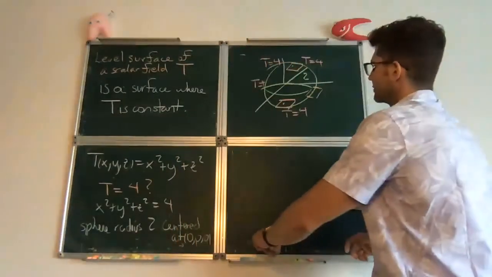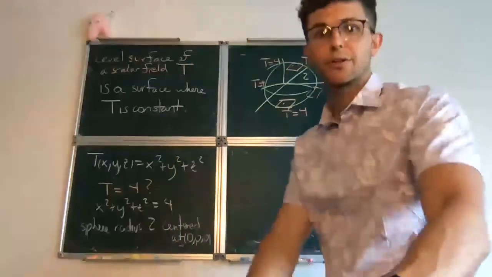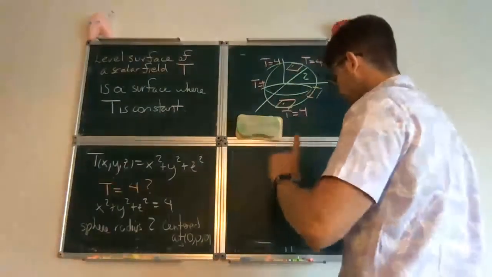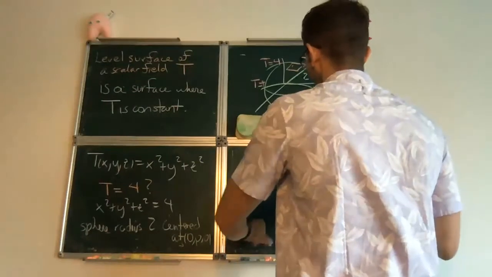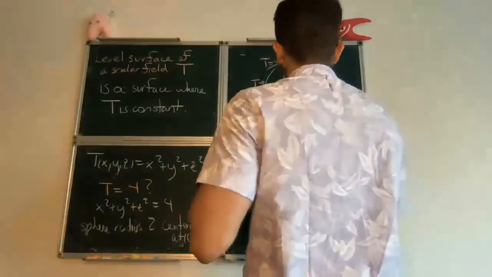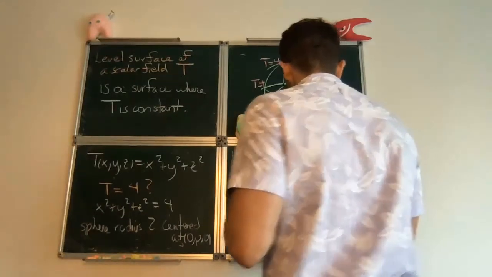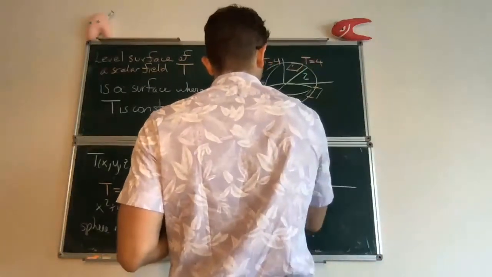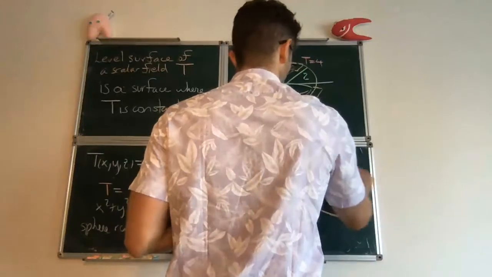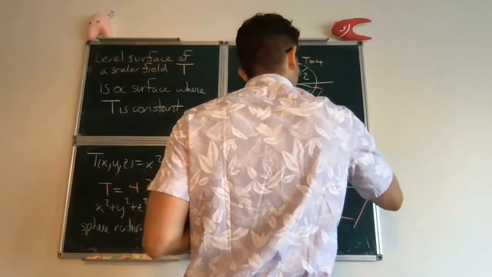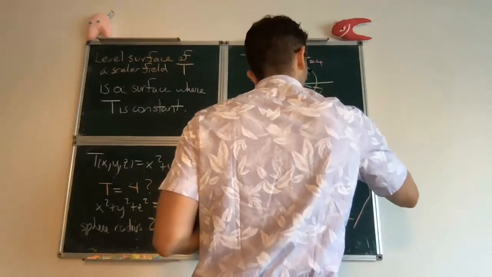And so you would still want to find the equation of the tangent plane. So the point is that in order to find the tangent plane, remember, what does it mean to find the tangent plane to a surface? So we have this surface which arose from T being constant, right?